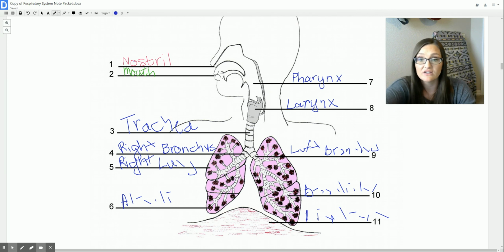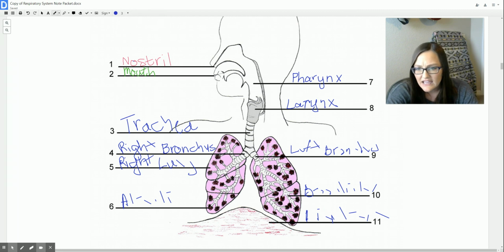If you're just breathing, it goes down through the larynx, down to the trachea, right there. It keeps on going downward to the bronchi. You see it branches into the bronchi, and those are what lead you directly into the lungs. And then they branch like little trees, and the little tiny tree looking thingies that you see in each of the lungs, those are bronchioles.